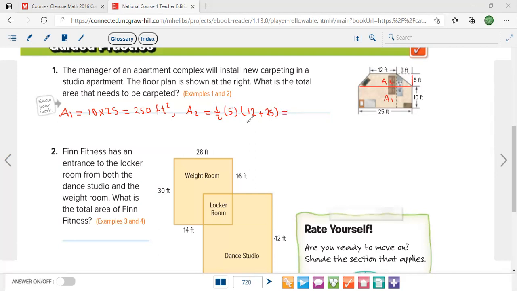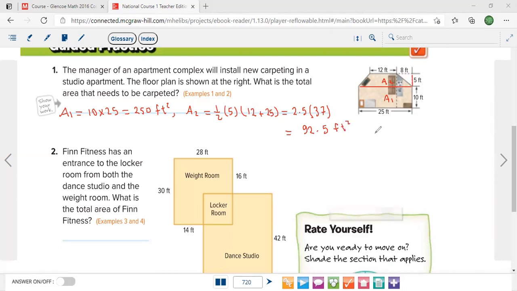Now, we should find half times 5, which is 2.5, and 2.5 multiplied by 12 plus 25. 12 plus 25 is 37. And 2.5 multiplied by 37 is 92.5 feet squared.